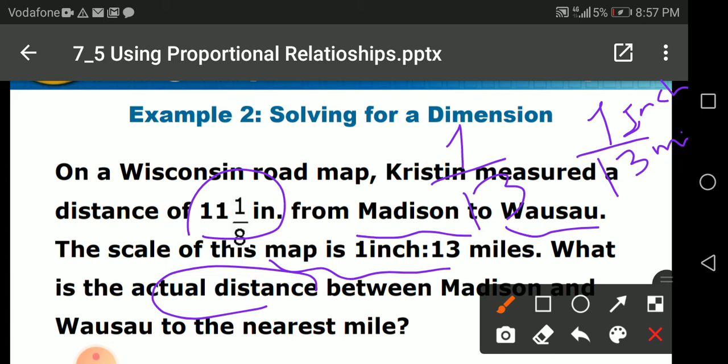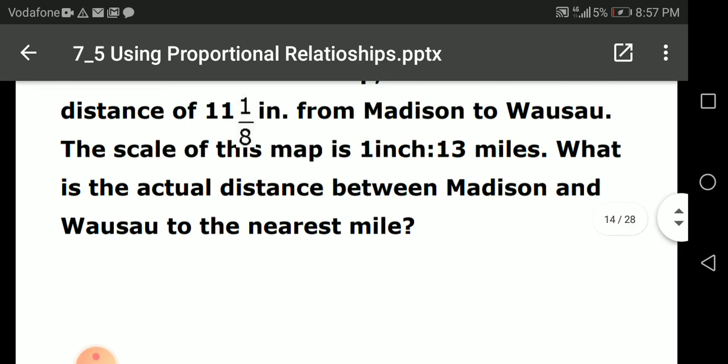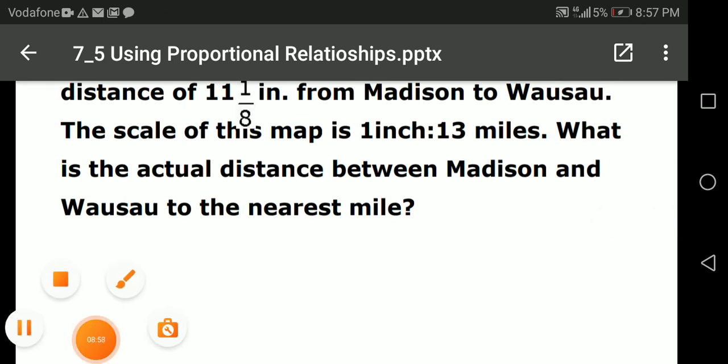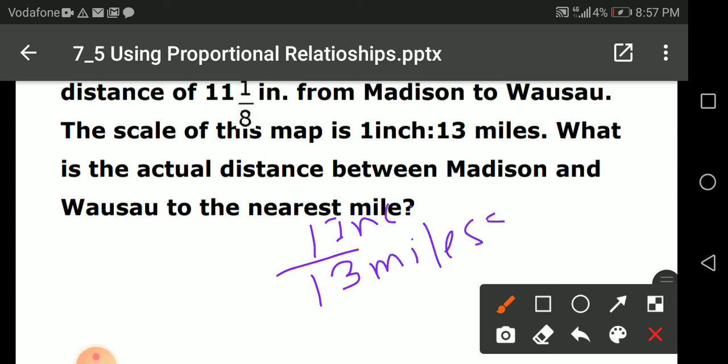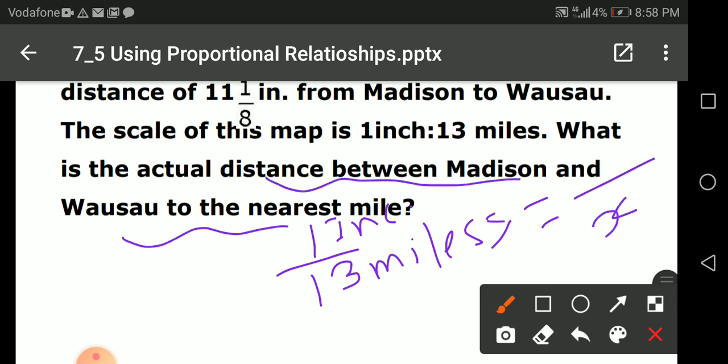So what do we have here again? It's very easy to solve. 1 inch to 13 miles. Here the inches, here the miles. He asks me about the actual distance between Madison and Wausau to the nearest mile.